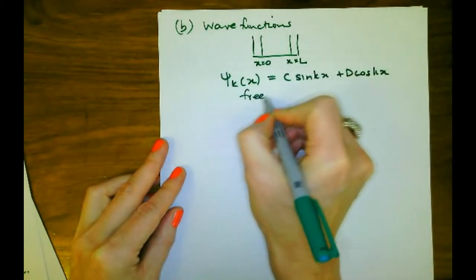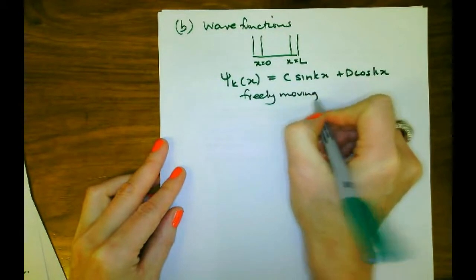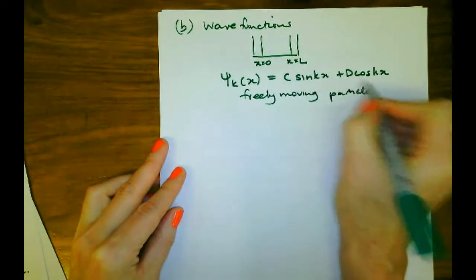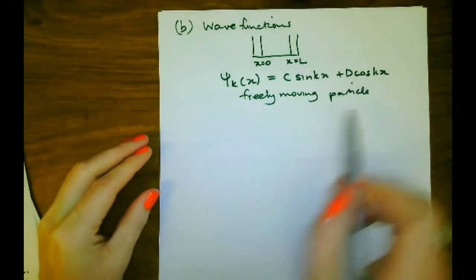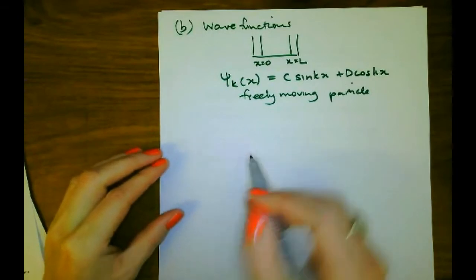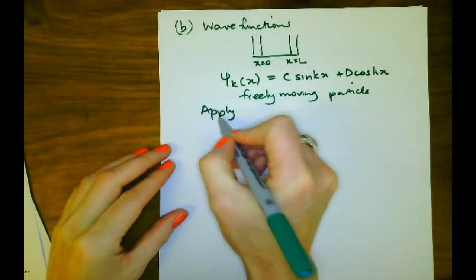And this is basically for a freely moving particle. So please go back to your notes if you're not sure where that equation comes from. So this is the same as a freely moving particle. But now we have to apply the boundary conditions.